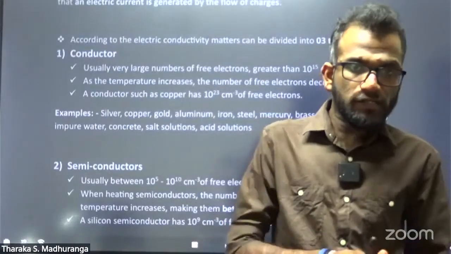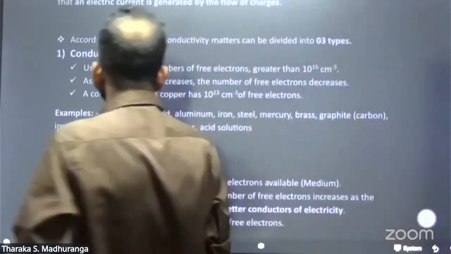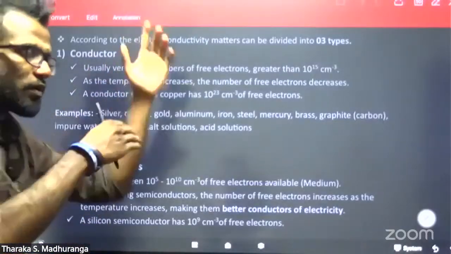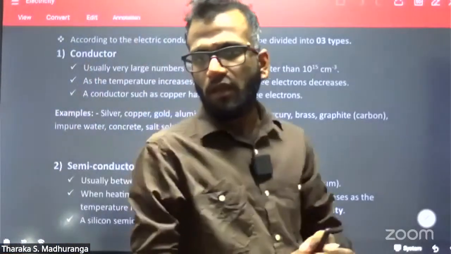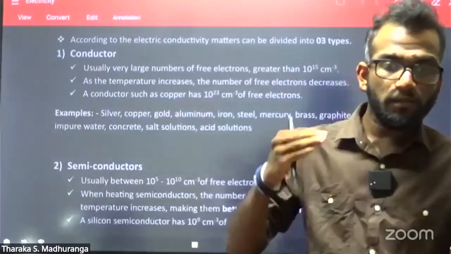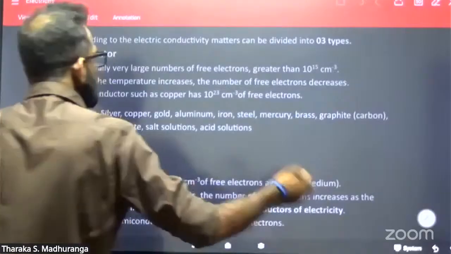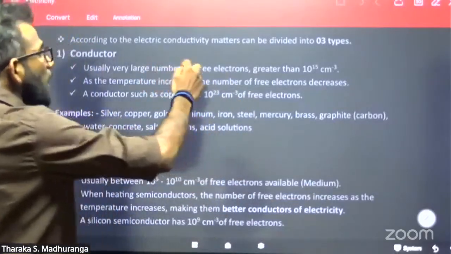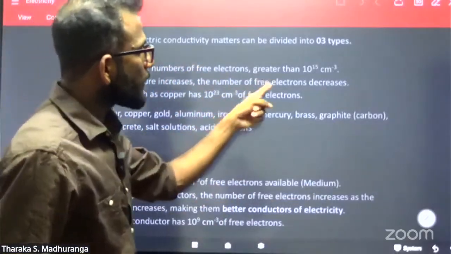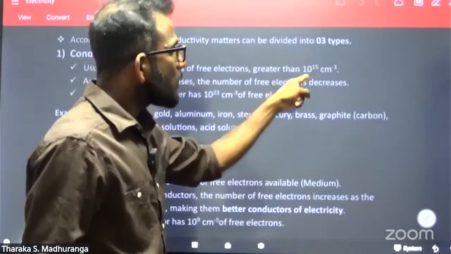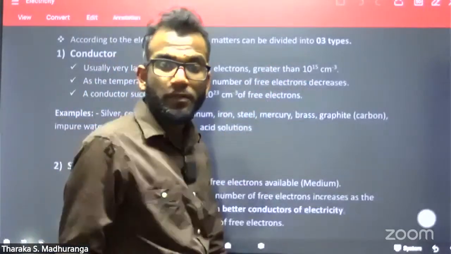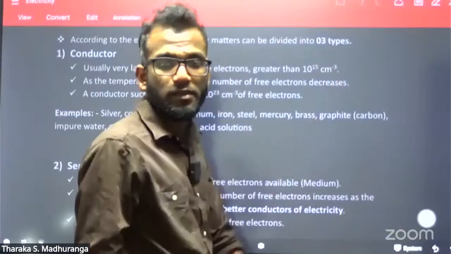Conductors usually have a high amount of free electrons. As given in the table, a large number of free electrons, greater than 10 to the power 15 per cubic centimeter.